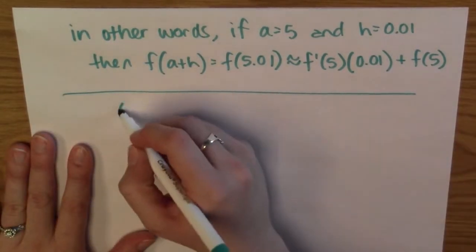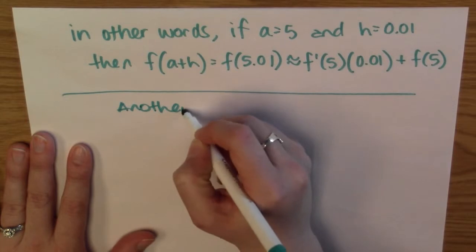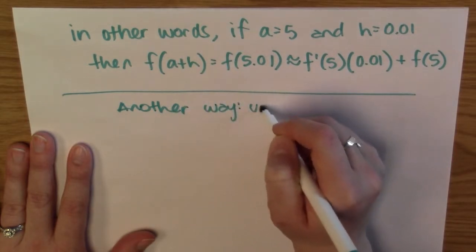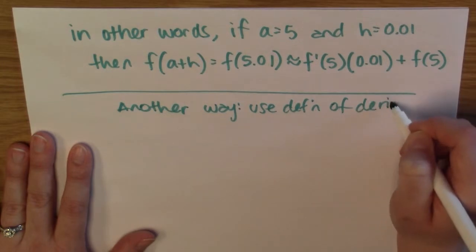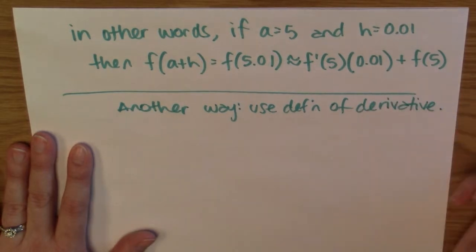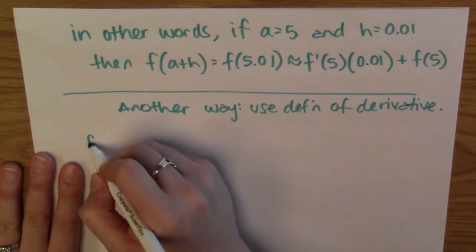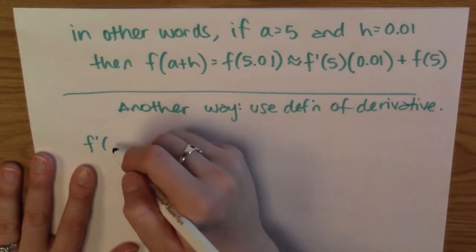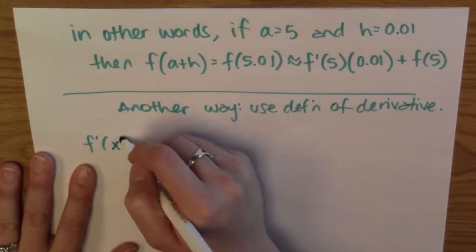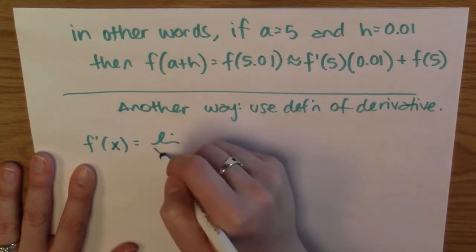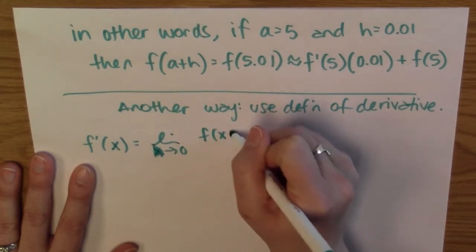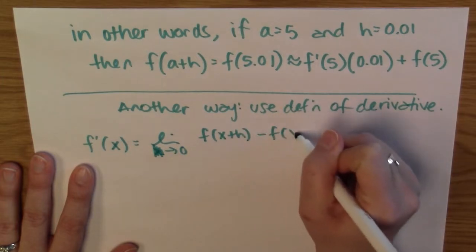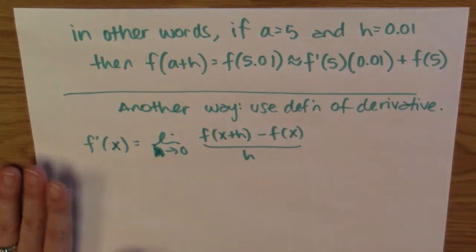Another way is to use the definition of the derivative. We're taking a limit, right? So f prime at, maybe we'll say x, is equal to the limit as h goes to 0 of f of x plus h minus f of x all over h.